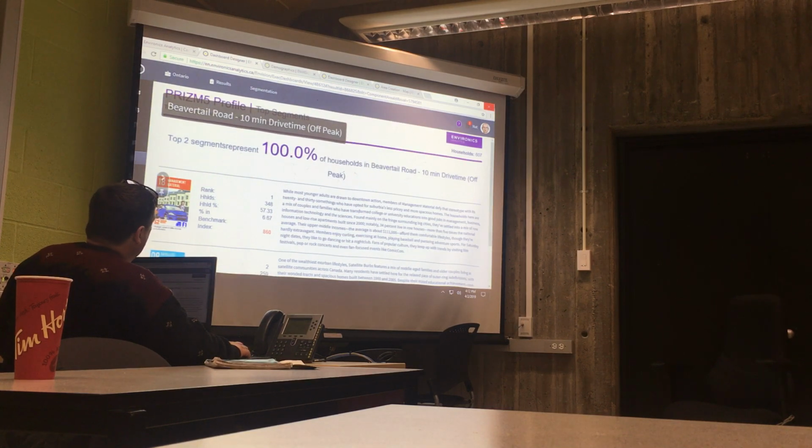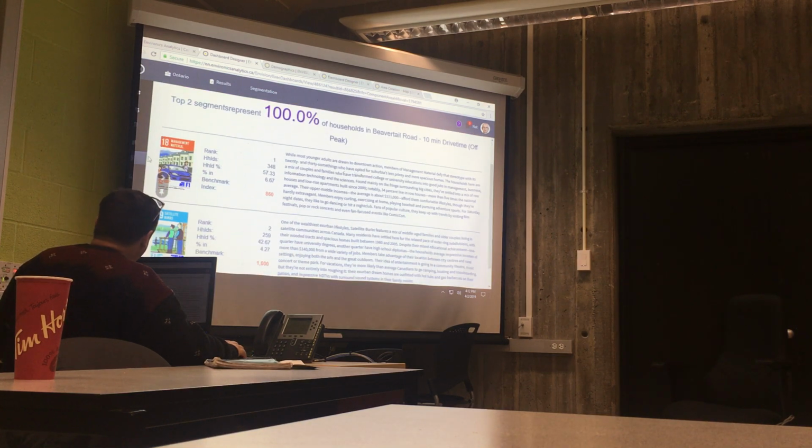Okay, so what this tells you is there are two top segments in the Beavertail Road area, management material and satellite burbs.